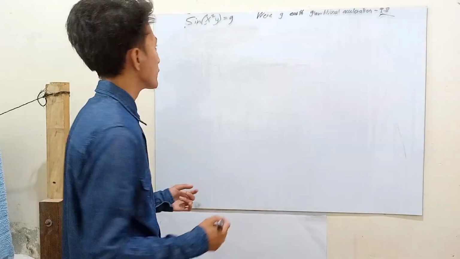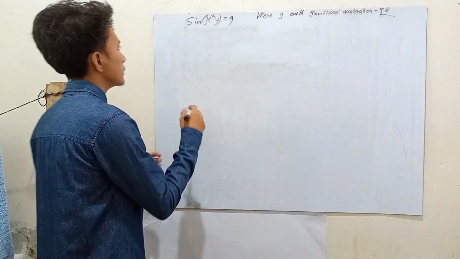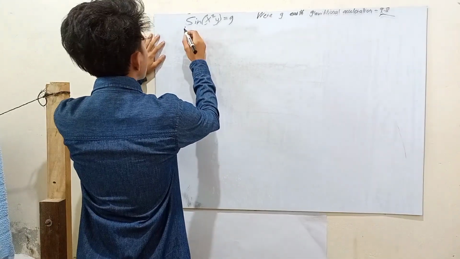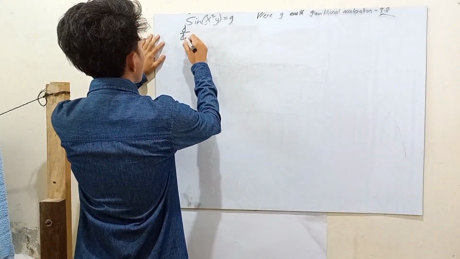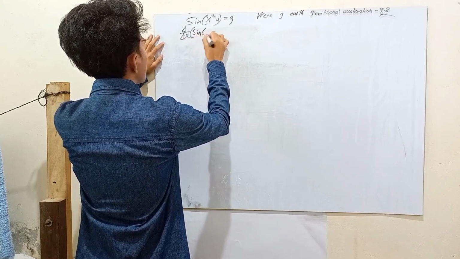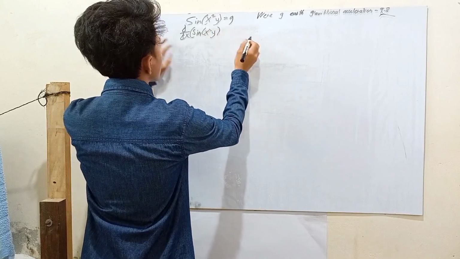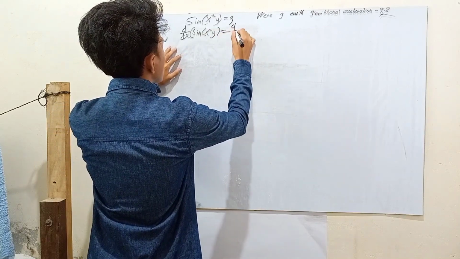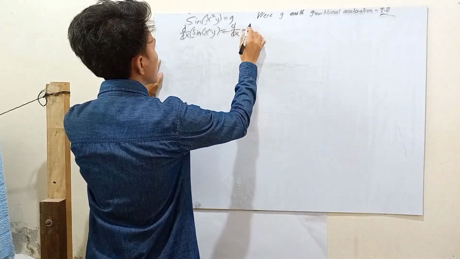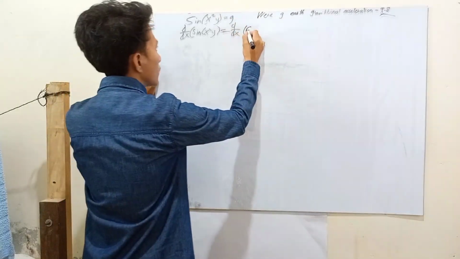Now this is the second problem. The first thing we do is derive both sides of the equation. d over dx of sin x squared y equals d over dx of a constant.